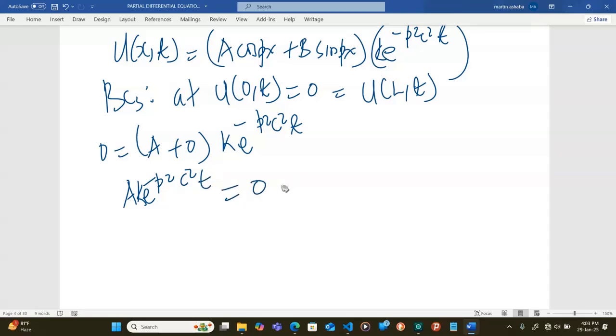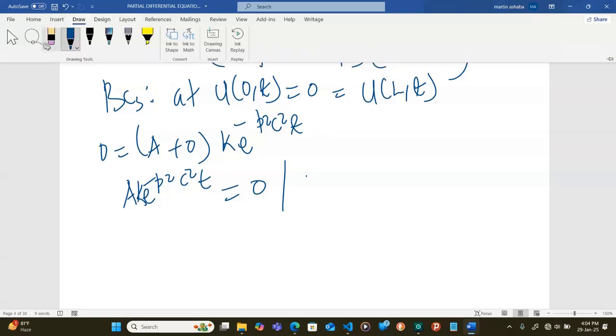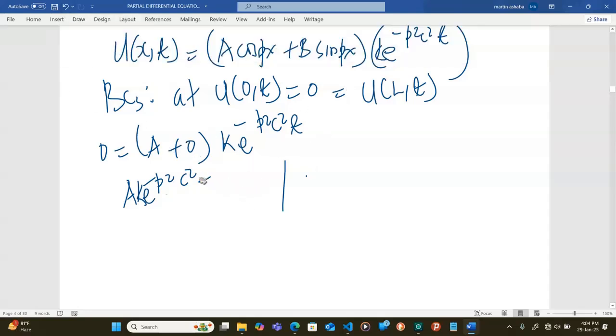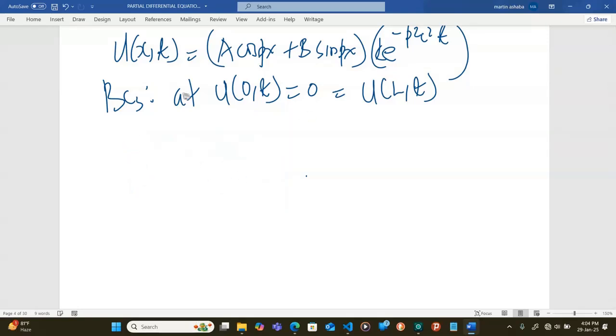Maybe before that, let me first multiply this k inside the brackets, so that we remove it for good, because k, b, and a are all constants.